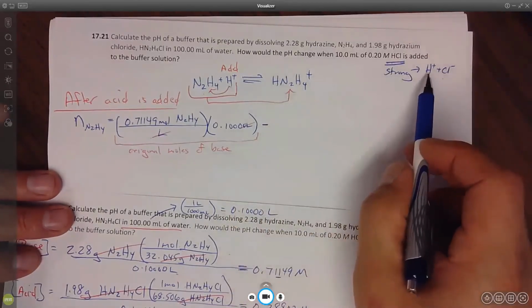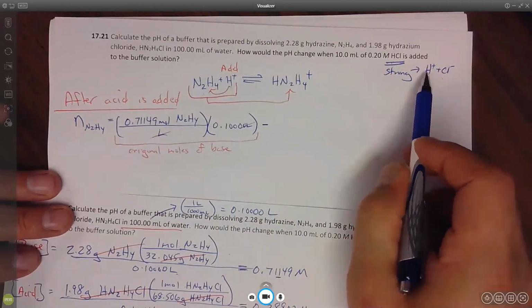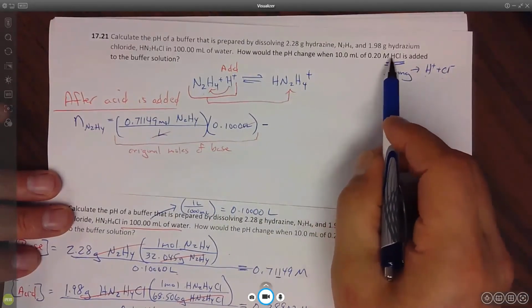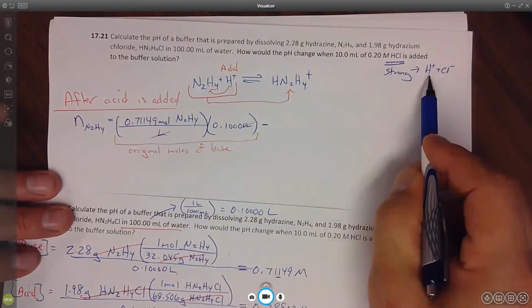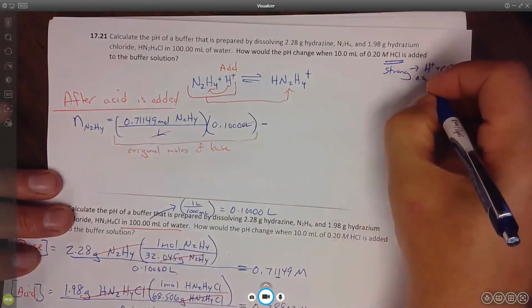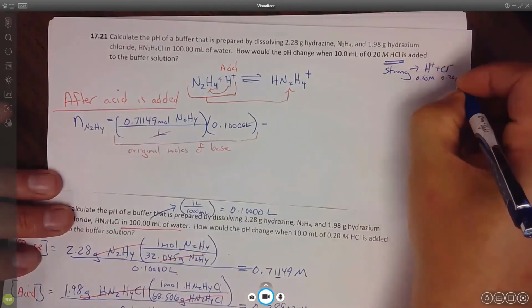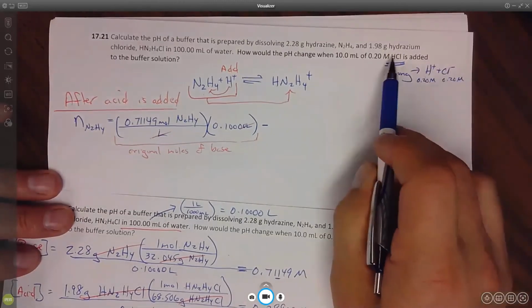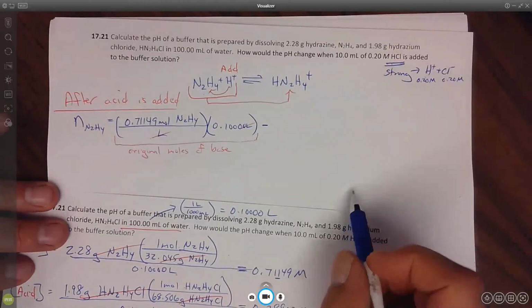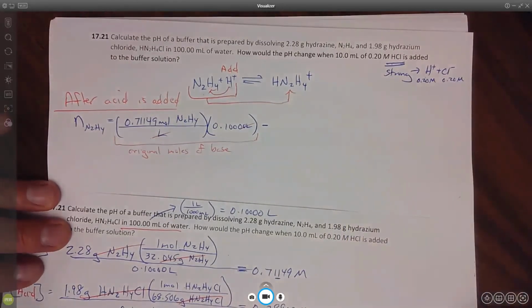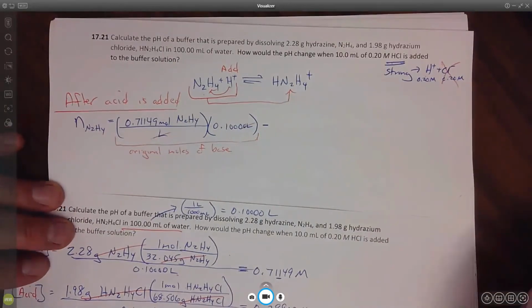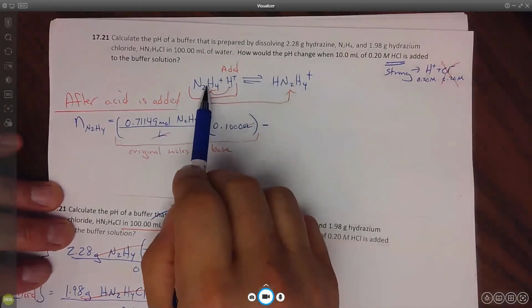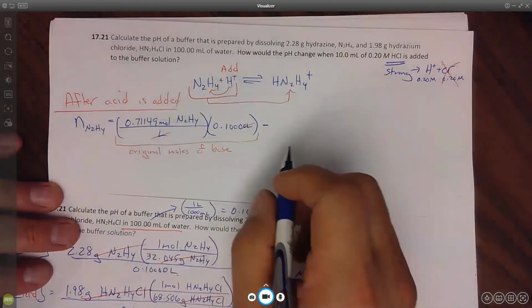Well, again, since it's 0.2 molar HCl, and it's a strong electrolyte and completely dissociates, that means this is going to be 0.2 molar, and this is going to be 0.2 molar, since it's a 1-to-1 ratio with HCl. We don't care about the chloride. Again, that's the conjugate base of a strong acid. It's not going to hydrolyze. But the H plus is going to react with our base. Okay, so we're going to lose that many.